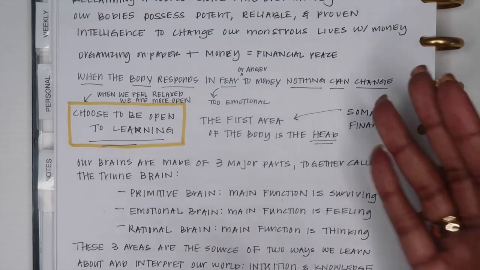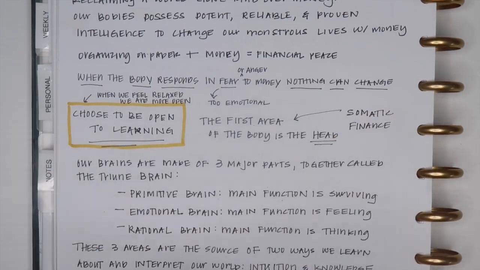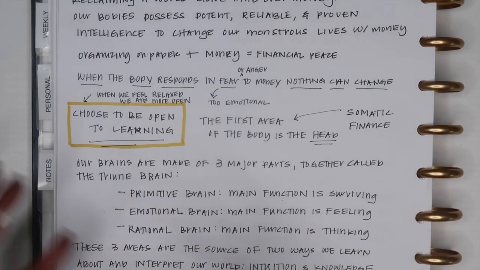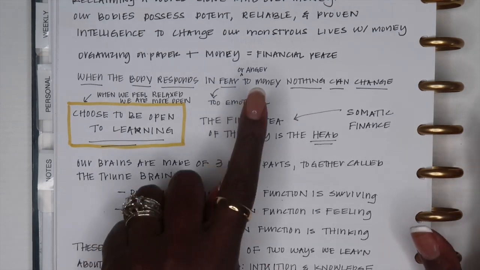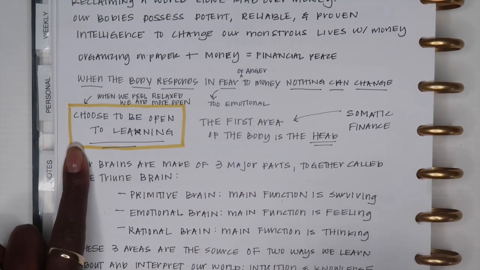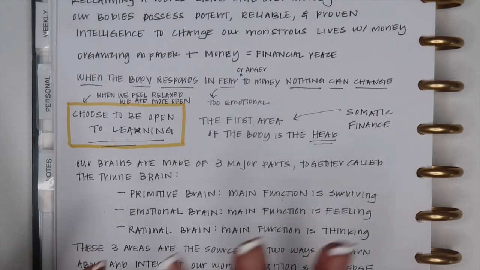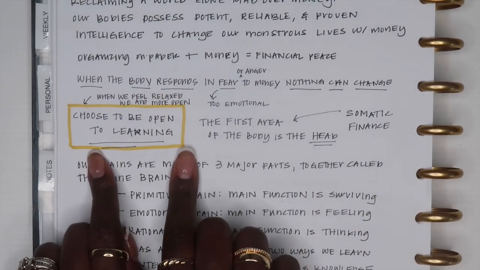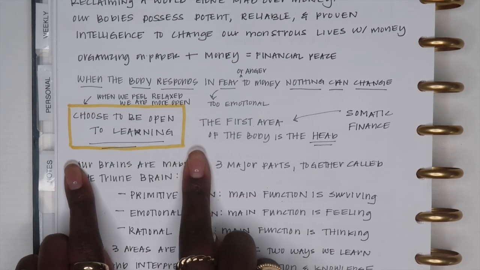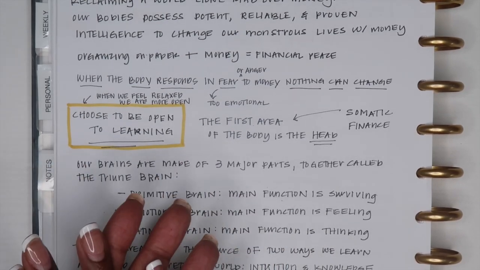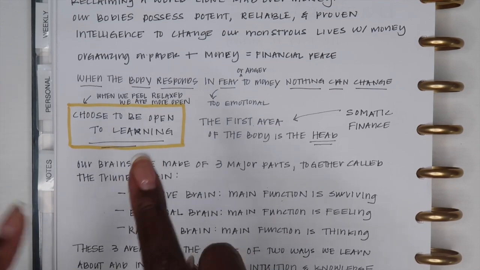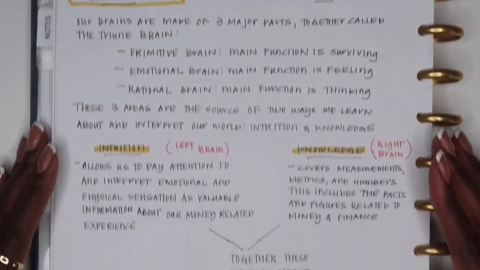So if I am trying to teach you about money and your body is in fear because you have a fear of survival or you fear you're going to be unable to do something, then it is almost impossible for you to learn about that topic. So we have to move past the fear first. And so that is why I drew a box around this part, because I thought that was super interesting and I wanted to come back to it and make sure that I remembered that piece of information.